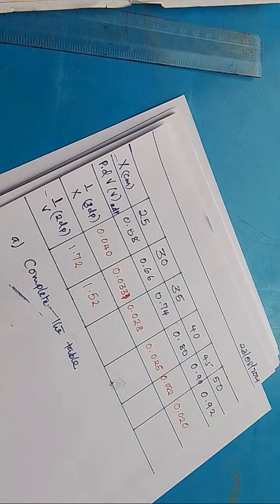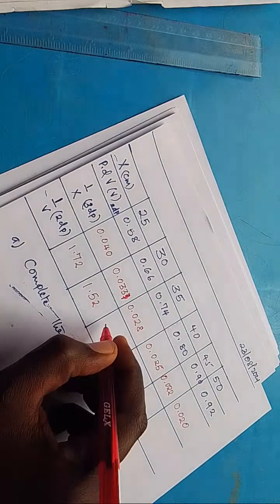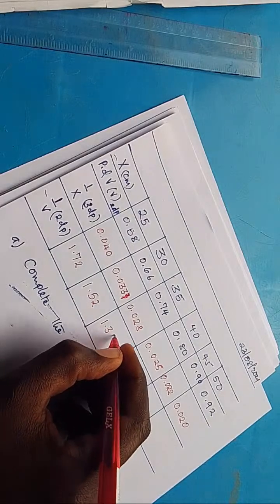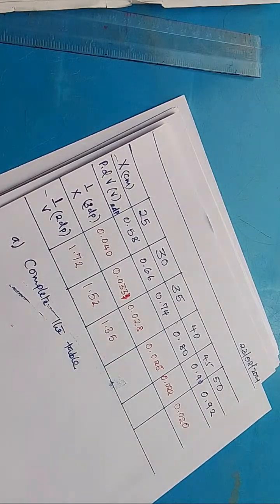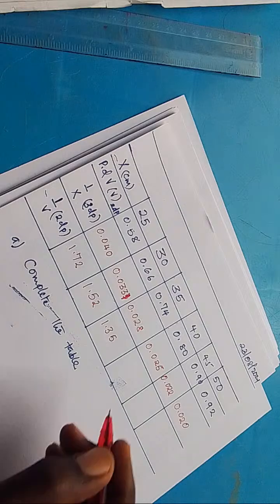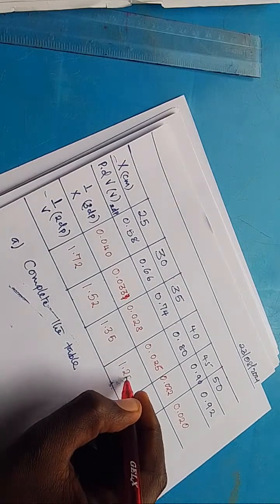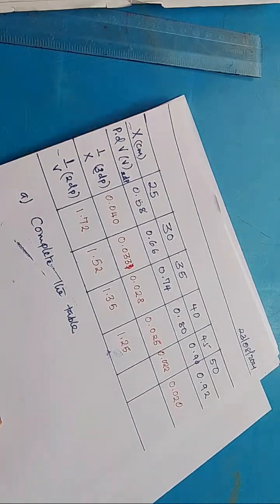The next one for 0.74 is 1.35. For 0.80, it is 1.25, an exact value.